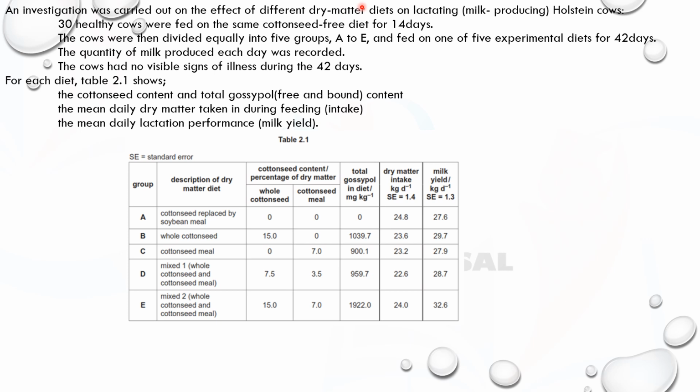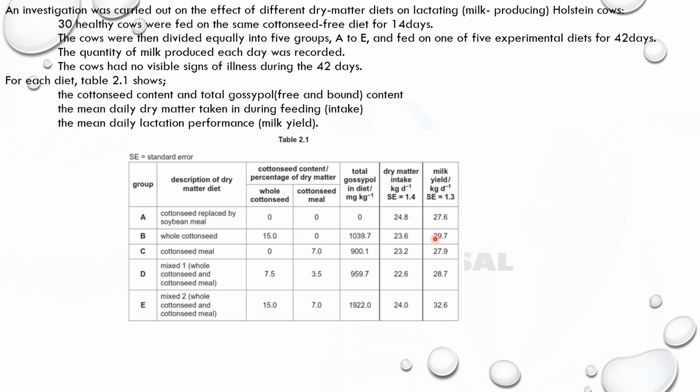All right, okay, so you can see, remember, we're checking the different quality. Which of them gives us the highest? What's the general trend? The one that gives us the highest is 32, that's E, mixed 2, followed by B, so whole seed.